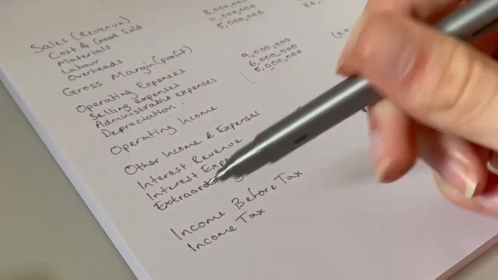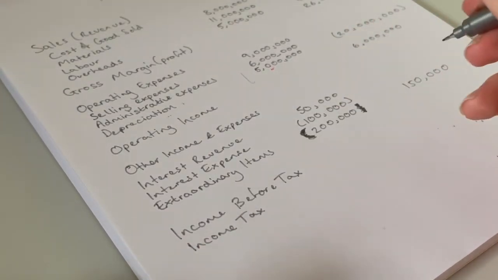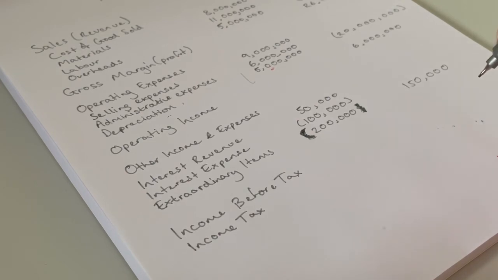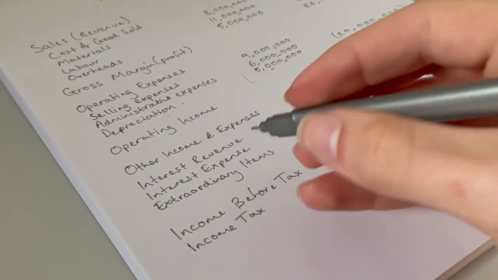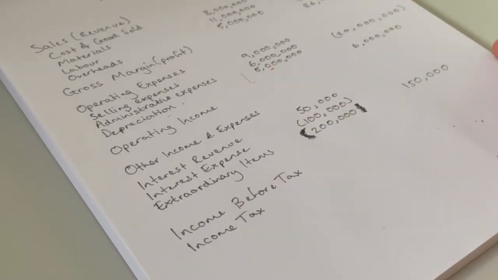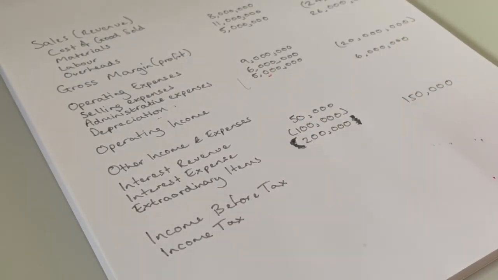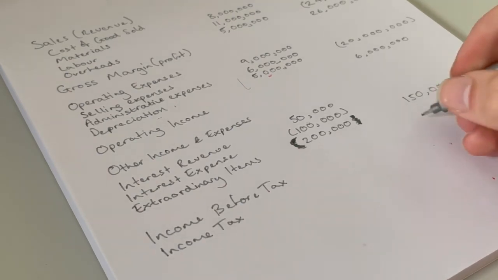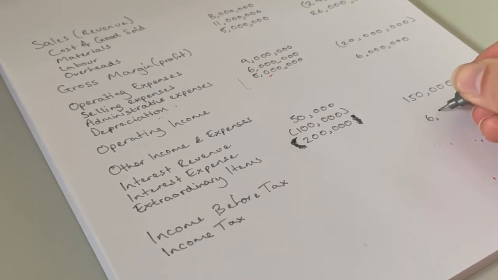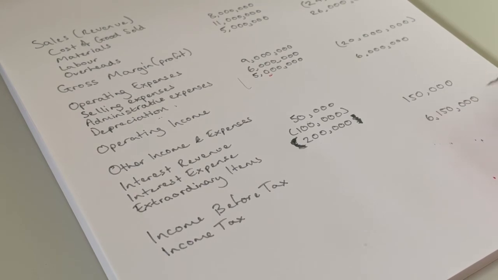In all likelihood it would be a corporation tax, but just for the sake of this example, let me put our income before tax in. So we have 6,150,000.